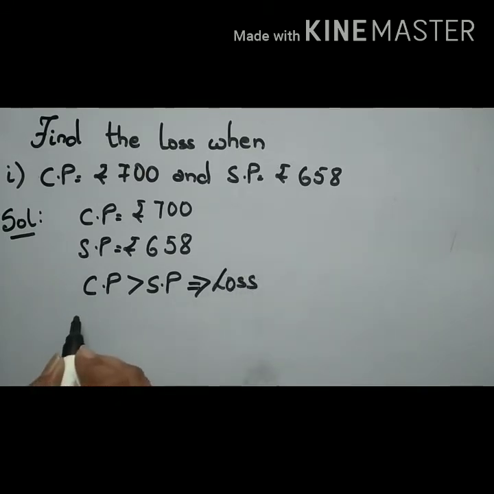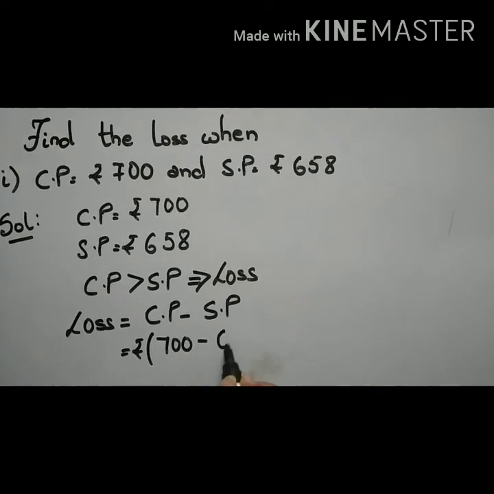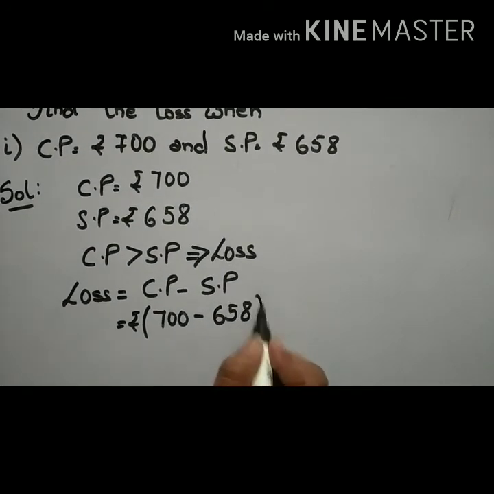How much loss? So let's calculate. Loss is equal to cost price minus the selling price. So that is equal to rupees 700 minus 658. That is equal to rupees 42.